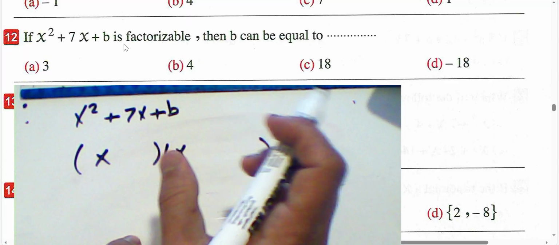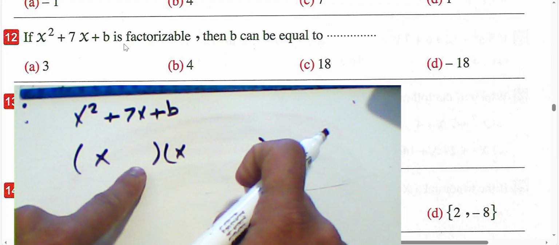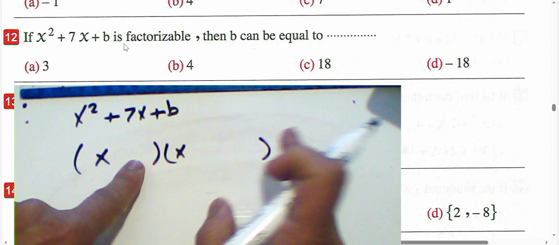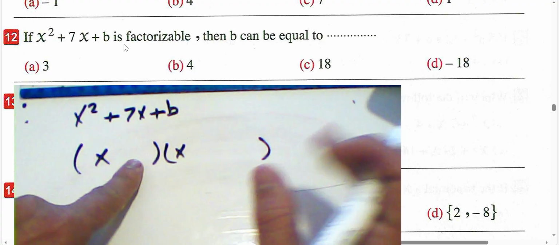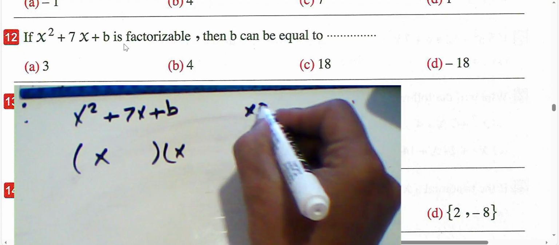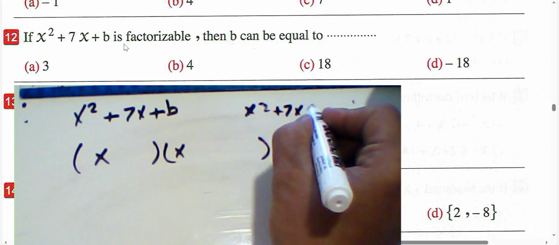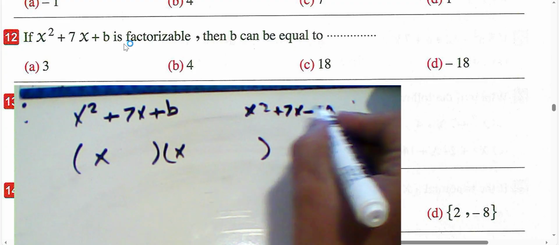What numbers can we add together to equal 7? We can write 2 and 5, but 2 times 5 is 10. 1 times 7, but 7 we already have. So what about negative? We can write here x power 2 plus 7x minus 18.